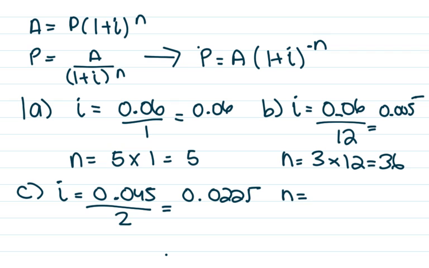And then the number of compounding periods, this one is a little trickier because that's always done yearly, but now it's 42 months. So we need to do 42 months divided by 12 to get it into years, and that equals 3.5 years. And then it's compounded twice per year, so times 3.5 by 2. So there are 7 compounding periods.